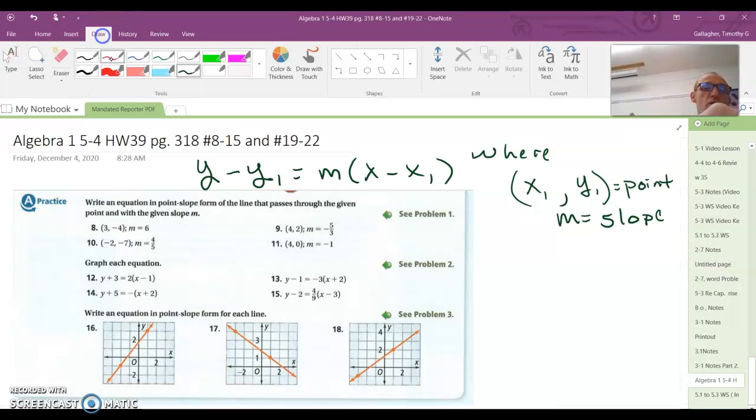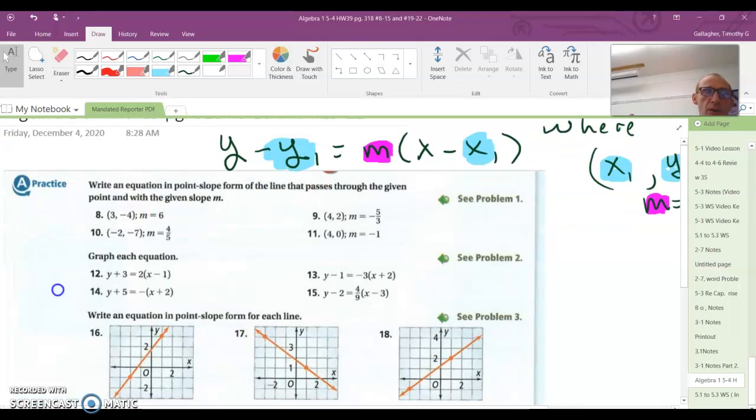So we'll be substituting this value and this value with these two, and then, of course, the slope with this value. That'll put the numbers in there, and that'll give us the line. Okay, so it's pretty straightforward.